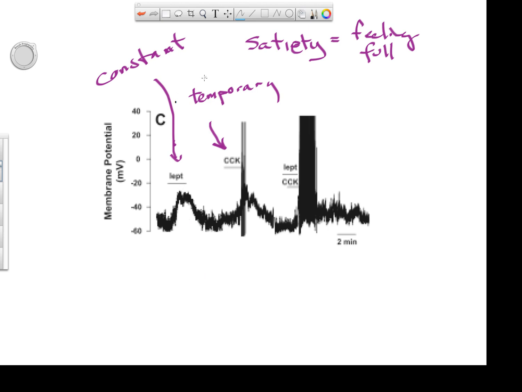You need to continue to take up essential nutrients. So leptin does not dictate, does not reduce your desire to eat without eating signals coming in.